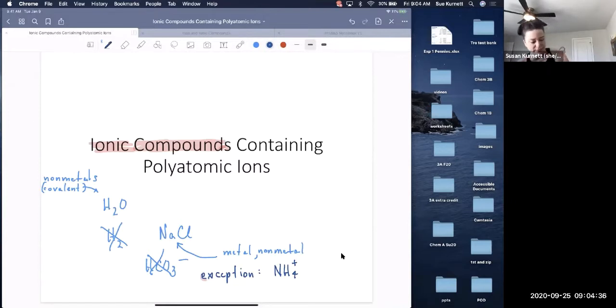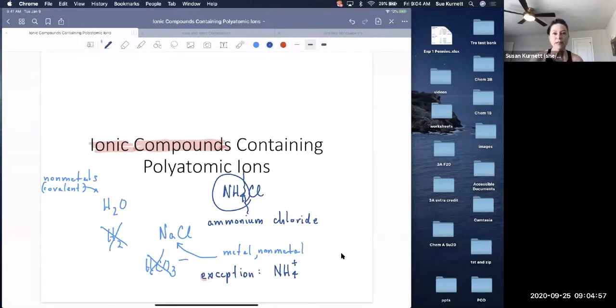So if I were to see something like this, even though there are no metals there, I would have to recognize, if I break it apart, ammonium. This is ammonium chloride. In our class, ammonium is the only cation that is not a metal ion.